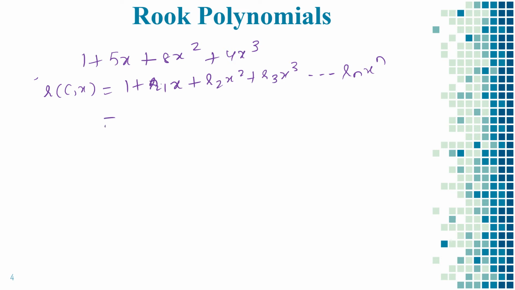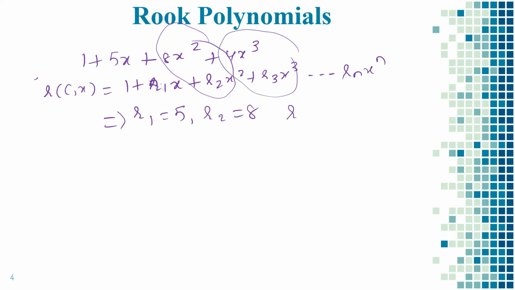So same way here, if you compare the equation 1 plus 5x, r1 value is equal to 5, and by comparing these two, r2 value is equal to 8, and r3 is equal to 4.